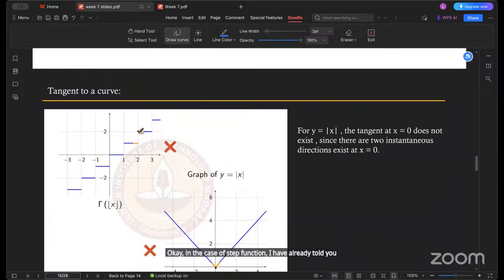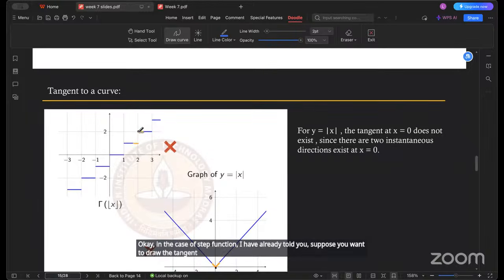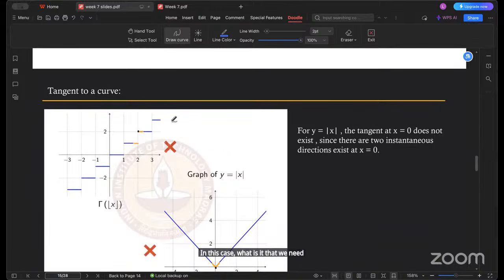Suppose you want to draw the tangent at the point x is equal to 2. How can we draw? In this case, what we need to know is the limit as x goes to 2 plus, and 2 plus means x approaching 2 from the right.